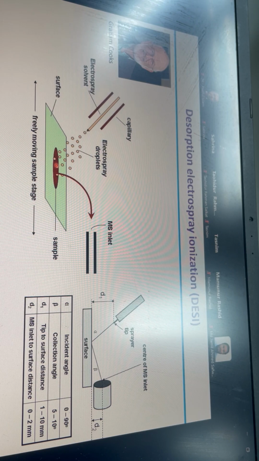So that way you can do imaging. If you want to do some kind of imaging with mass spec, you need to use this DESI source. Desorption electrospray means you are removing all the molecules using electrospray ionization, as opposed to adsorption, which means you are adding. So that's why it's called DESI.